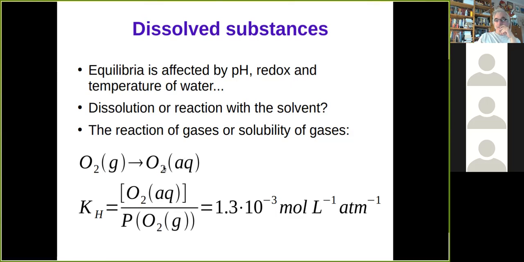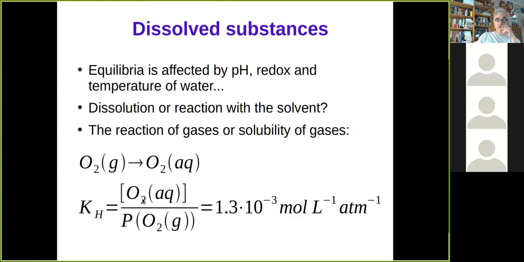There are very, very weak bonds between the oxygen gas molecule and the solvent. And they are stronger than zero, so to say. There is an equilibrium constant where one can measure the concentration or the activity of oxygen gas in the solute and the activity of the oxygen gas in the gas phase.